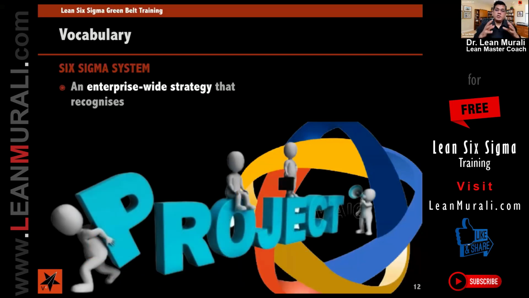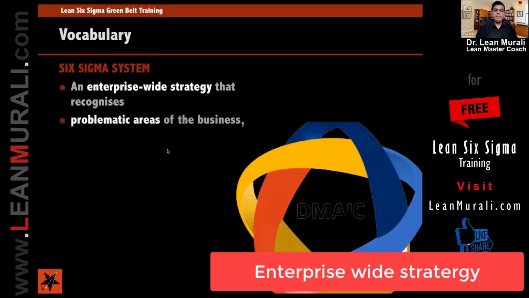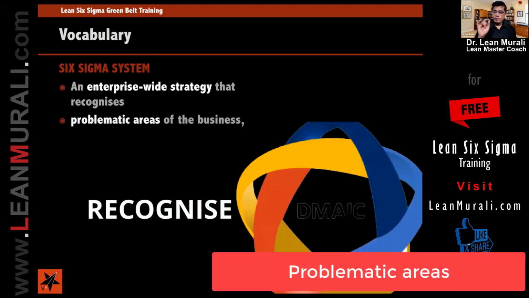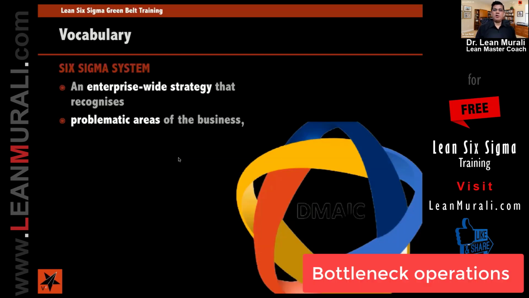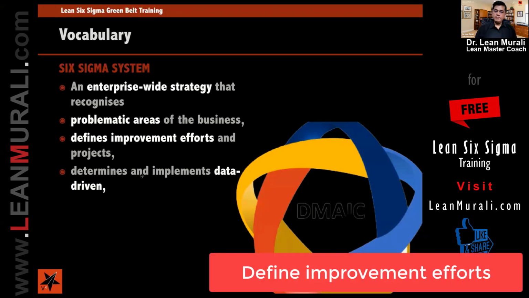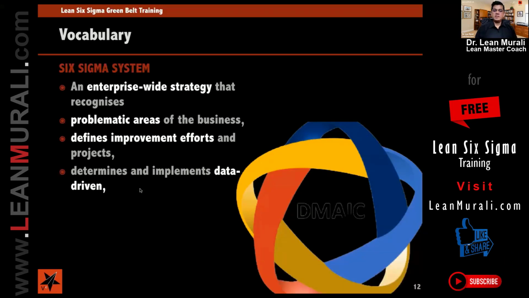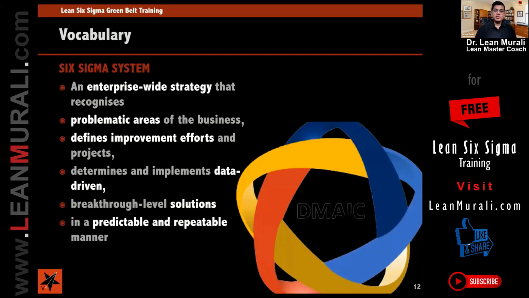All the projects should ultimately lead to the strategic objectives of the organization. That is why it is called an enterprise-wide strategy that recognizes the problematic areas of the business. We can call them bottleneck operations, bottleneck areas, problematic areas. It defines the improvement efforts and determines and implements data-driven, breakthrough level solutions in a predictable and repeatable manner.